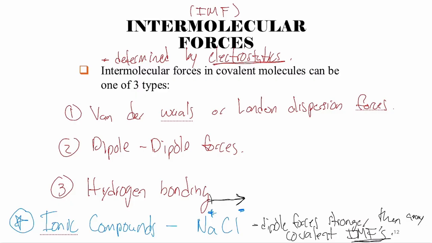Right, so ionic compounds are always going to have stronger intermolecular forces, the forces that hold the molecules together, than covalent compounds. Covalent bonds are stronger, but the forces between covalent molecules and other covalent molecules are weaker. Right, so that's an important distinction to have here. The intermolecular forces for ionic compounds are larger than covalent compounds, but the bonds in the molecule are weaker.